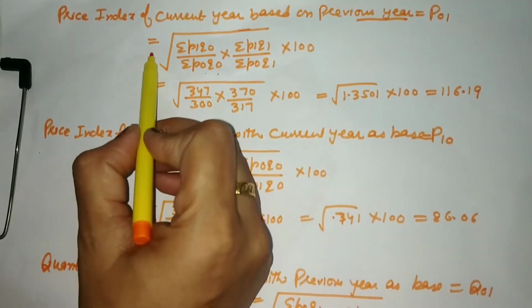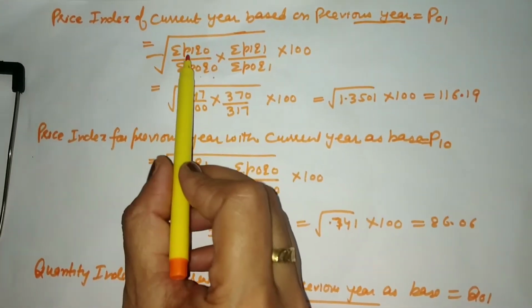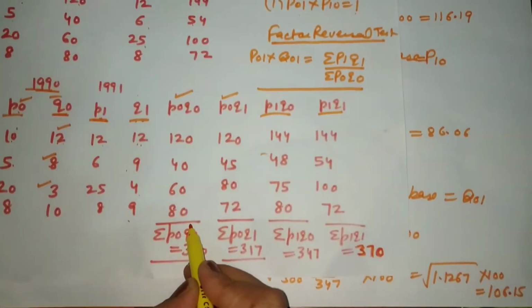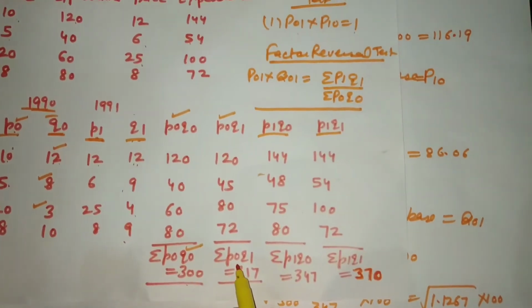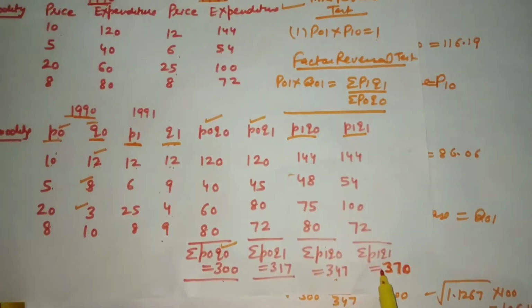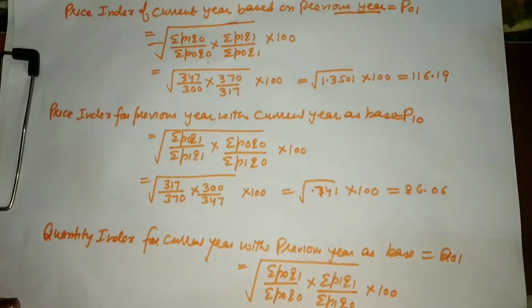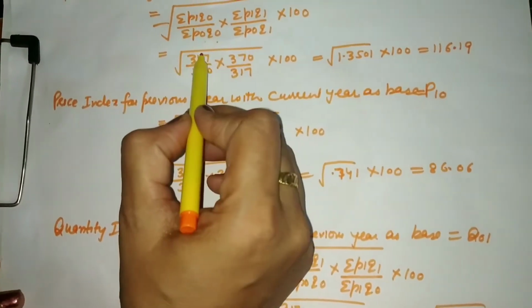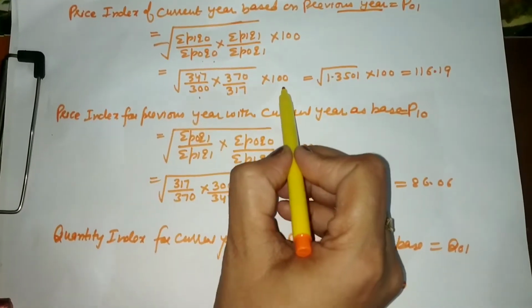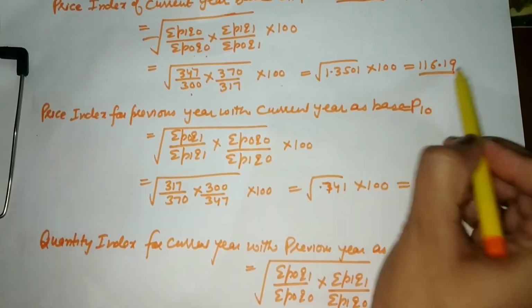All the columns I have already calculated. Sigma P0 Q0 is 300, sigma P0 Q1 is 317, sigma P1 Q0 is 347, and sigma P1 Q1 is 370. So I am using these values here: 347 over 300 into 370 over 317 into 100. After simplification, I am getting this answer.